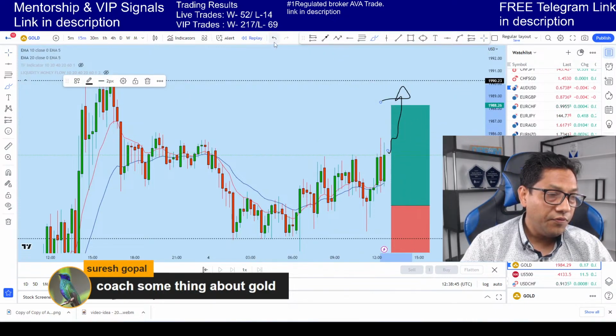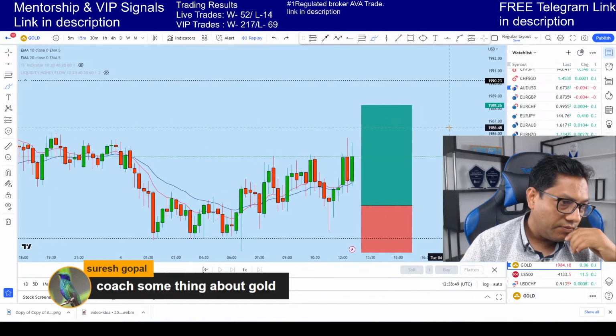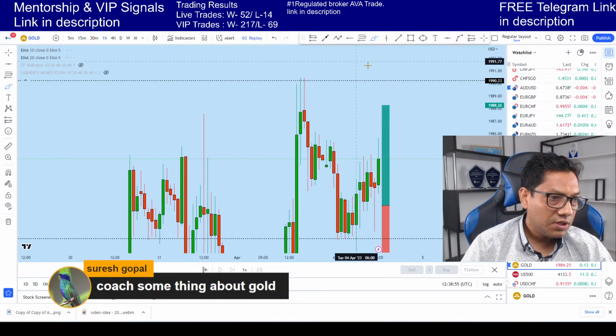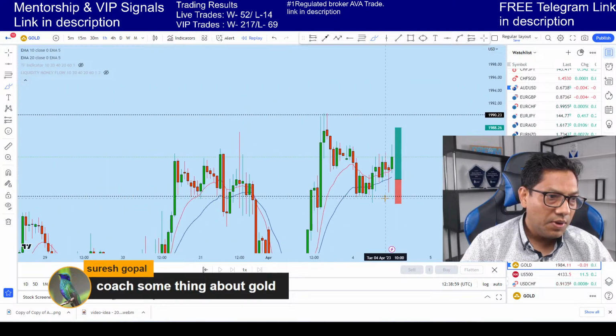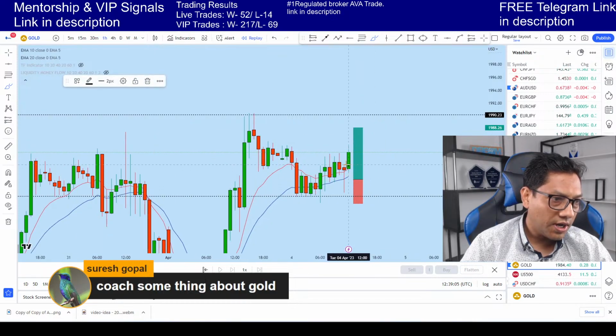Now, if you were not present in the pre-London session live, then for you to trade, I will recommend you to wait a little bit. Let's see how it does, because this is a 1-hour chart. We see that the market is showing significant bullishness, and you see this is the 1-hour candle doji.